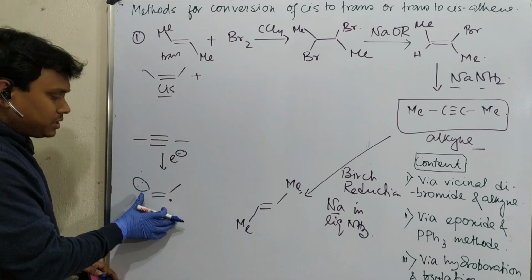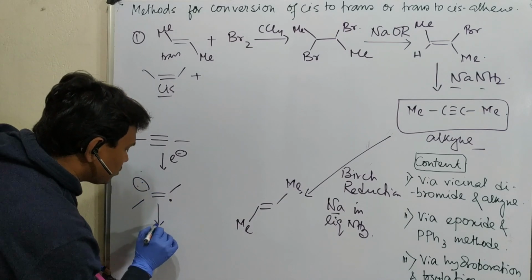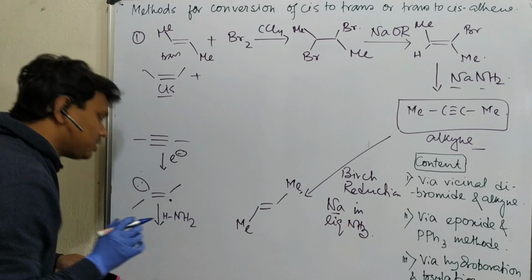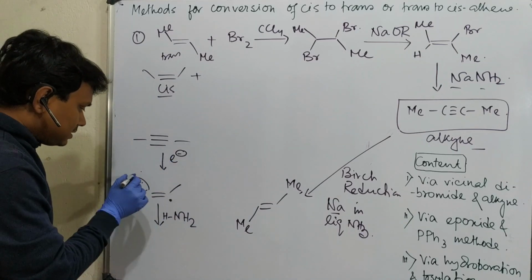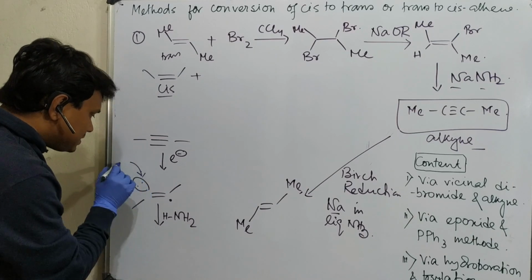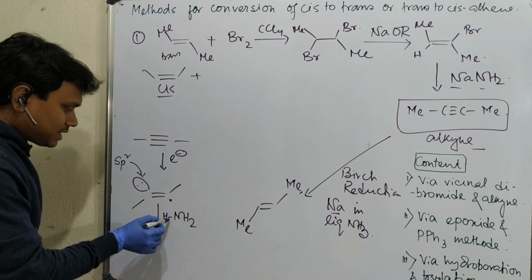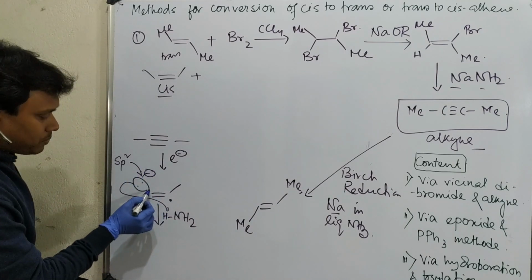They remain in trans orientation in order to avoid the repulsion. And second step, for protonation, here the ammonia molecule supplies the proton. Generally for Birch reduction, alcohol produces the proton, but actually this lone pair is in an sp2 orbital. That's why it is sufficiently basic that it can abstract the proton from here, and result in the protonation.